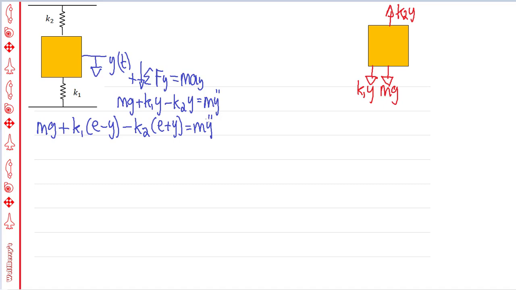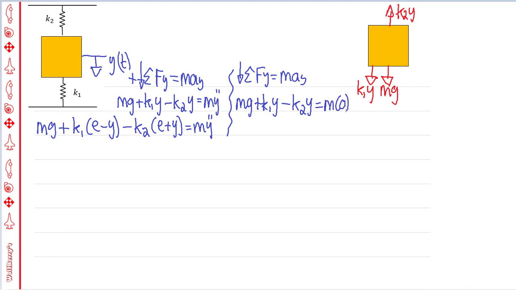Now let's find the extension, just like we did before. We look at the static solution of the system. So again, sum of f in y equals m a y, down positive, doesn't matter because a is going to be 0. So the static equation is going to be mg plus k1y minus k2y equals m multiplied by 0.